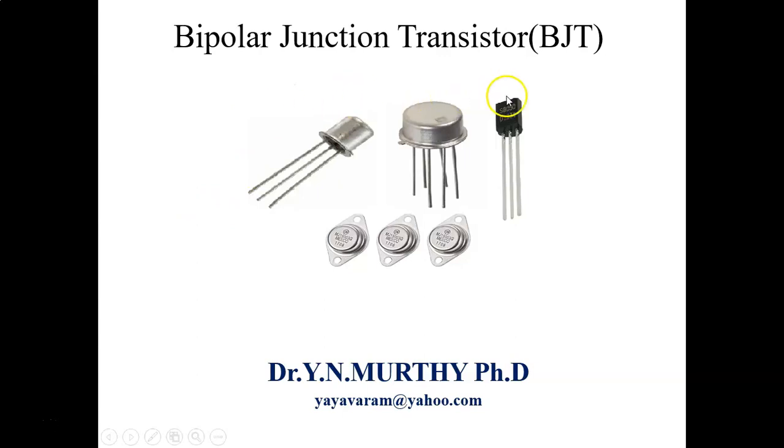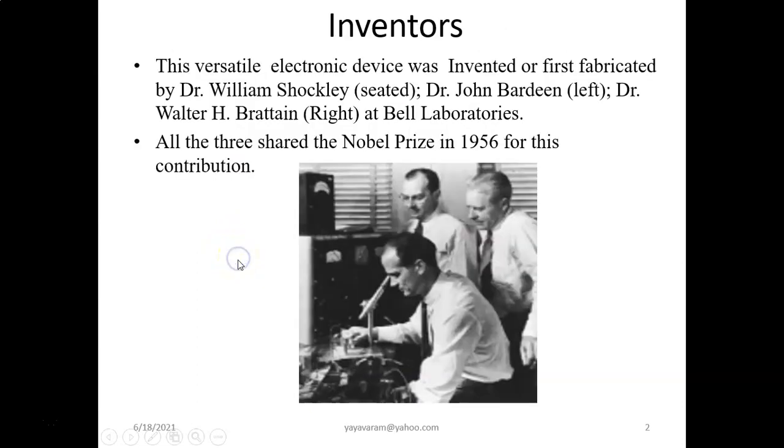Here I have shown some simple images of actual transistors which are used in our lab or industry. Now let us know the inventors of this versatile electronic device called transistor.